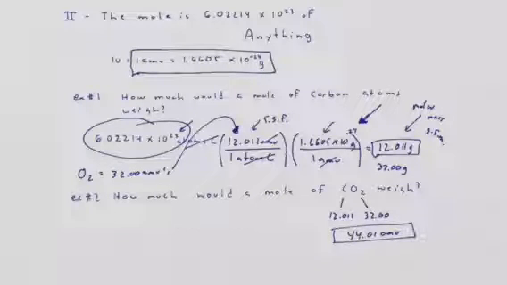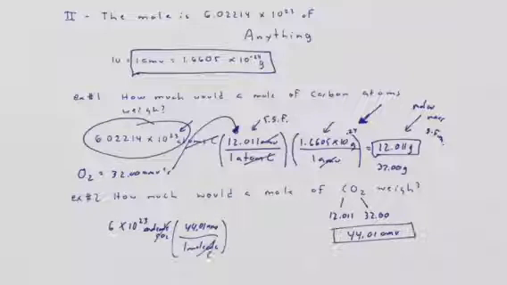How much would a mole of carbon dioxide weigh? Well, we could set up the whole thing again, but it's not worth it, because we would do the exact same thing. We'd say, if I have 6 times 10 to the 23rd molecules of CO2, and if 1 molecule weighs 44.01 AMUs, molecules of CO2 cancel out, and then I do it one more time.